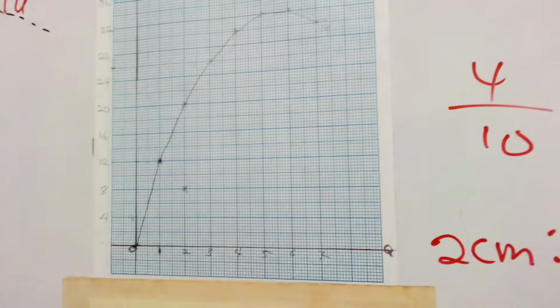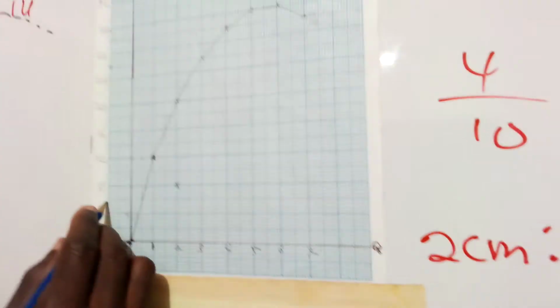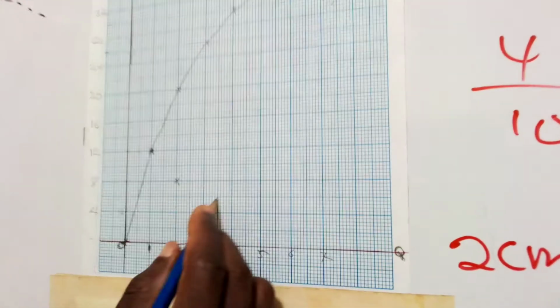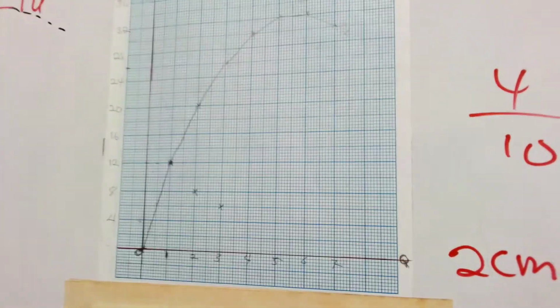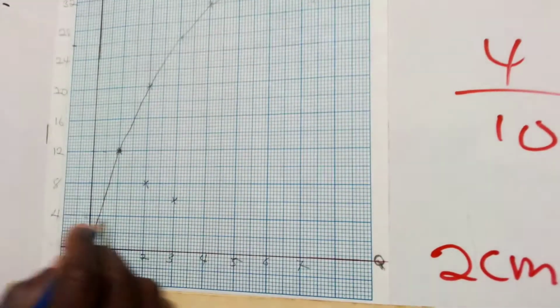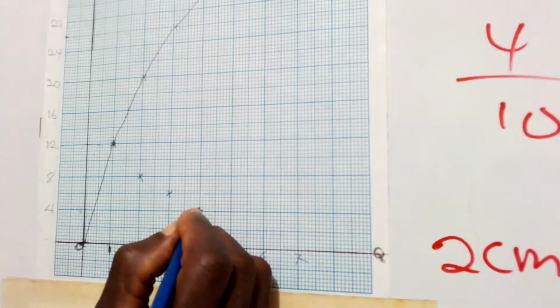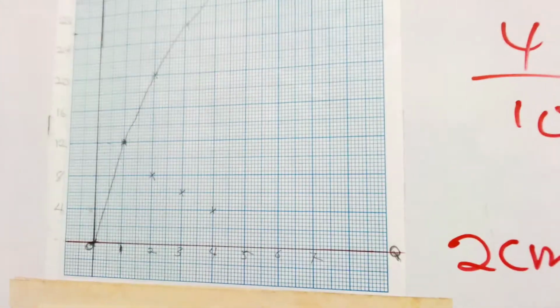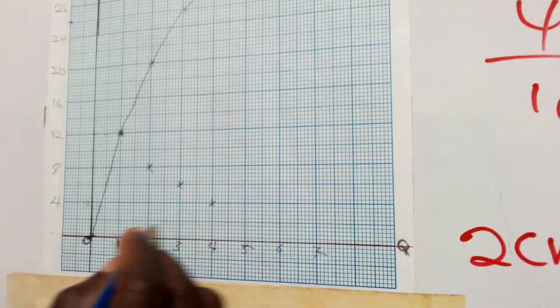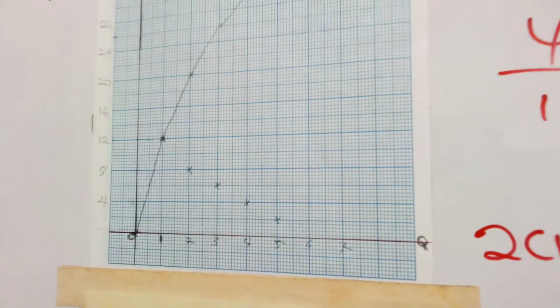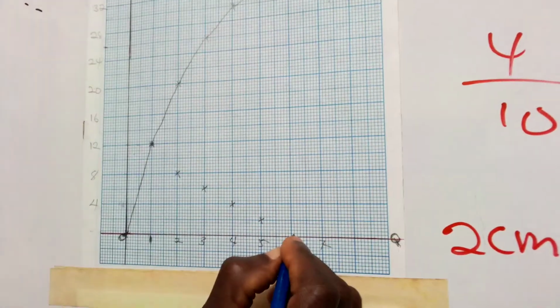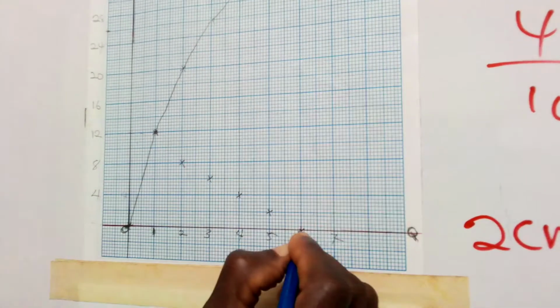The next one, 6. So this gives us 6. Then the fourth one, we have 4, and this is our 4. The fifth one, we have 2, and the 2 is here. The sixth one, we have 0, so that will be on this line.